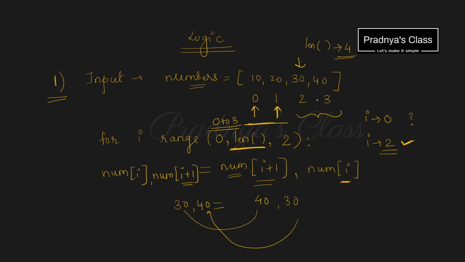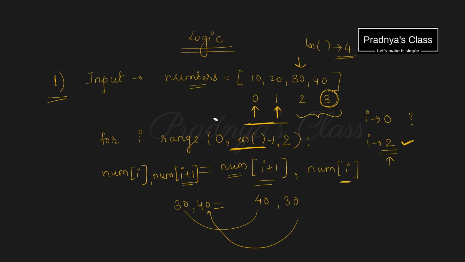But we don't have to execute it till 3, isn't it? We need to execute it up to 2. So what we will do? We will do length minus 1. Now the loop will correctly execute from 0 to 2.